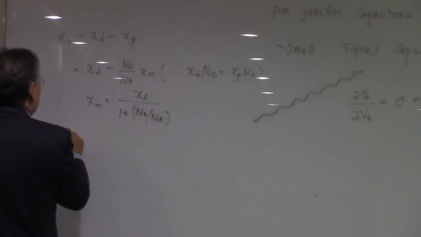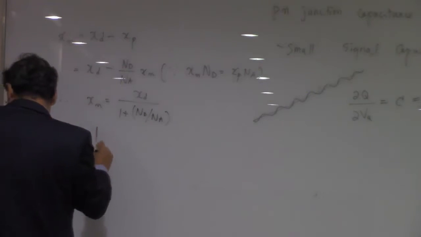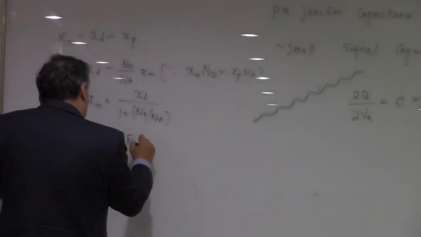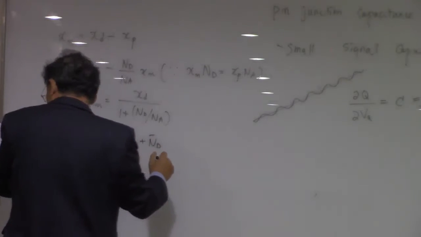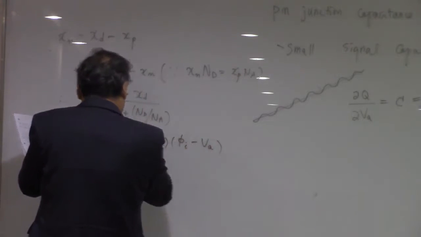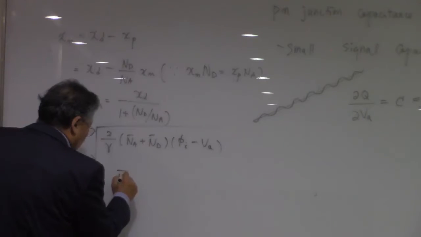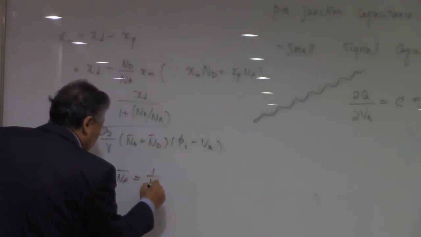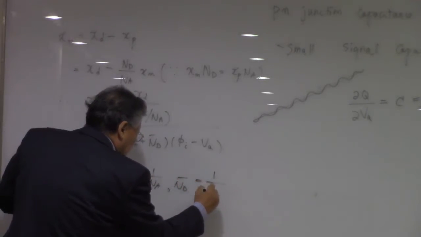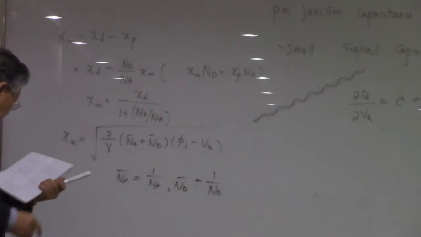And then the X_n can be expressed by the equation with N_A and N_D, phi_i, phi_a. In this equation, let's say N_A is 1 over N_A, and N_D in this equation bar is N_D. Okay, gamma that has been defined earlier.